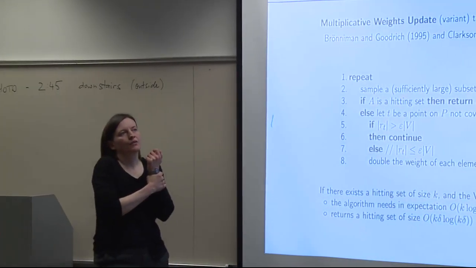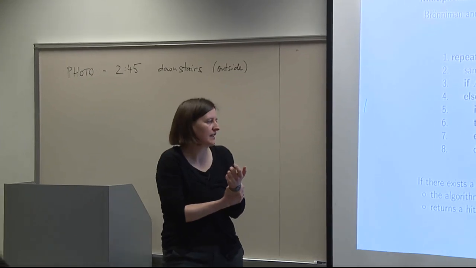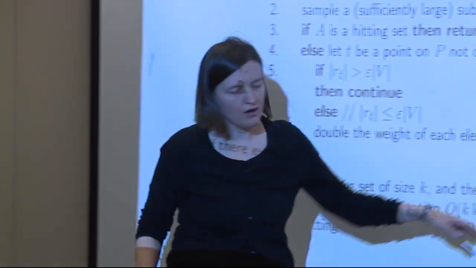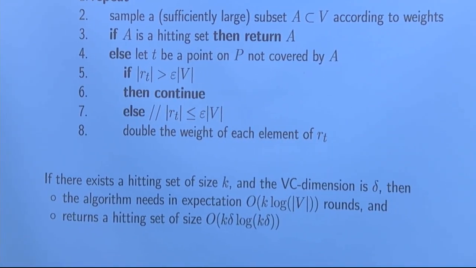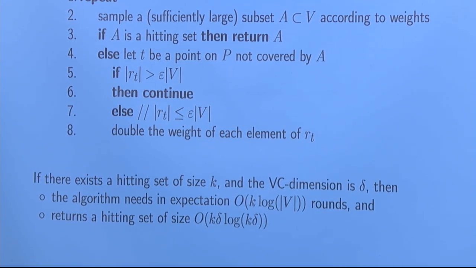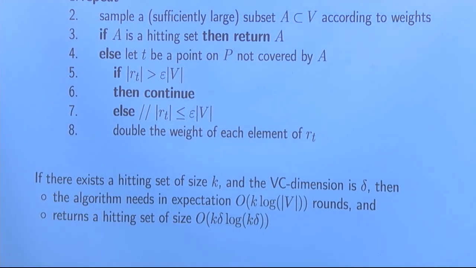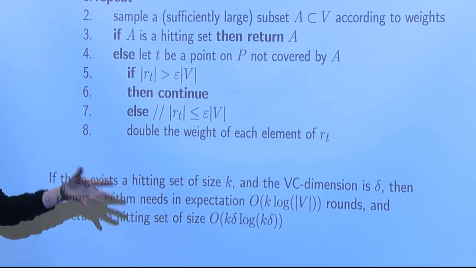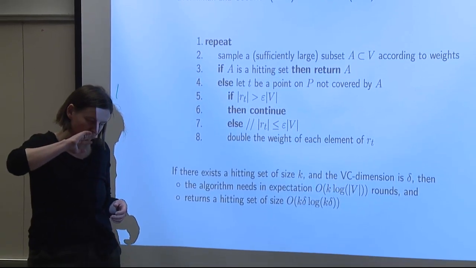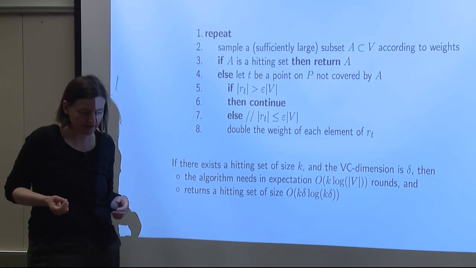And so one can show that you only need, in expectation, k times log of the size of the ground set rounds of this algorithm until surely an epsilon net will be a hitting set. One way to think about it is that you fix a solution, like an optimal hitting set, and it hits all the sets.